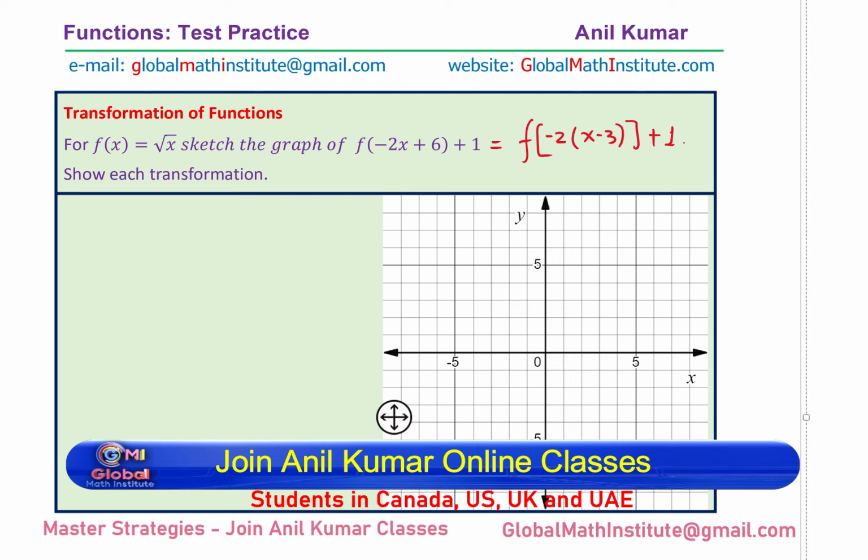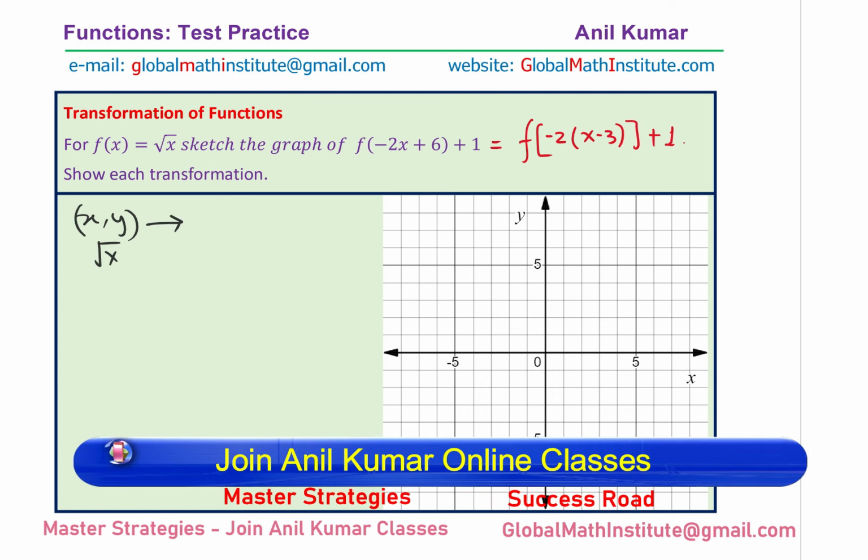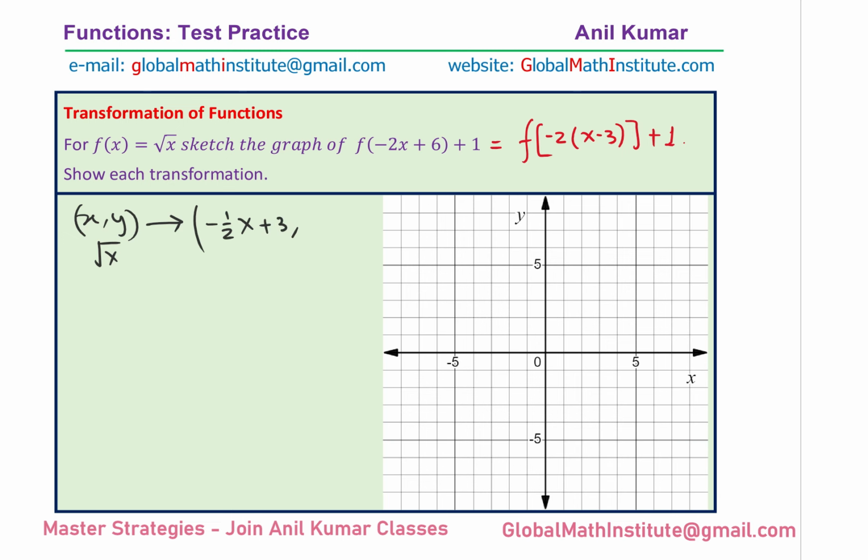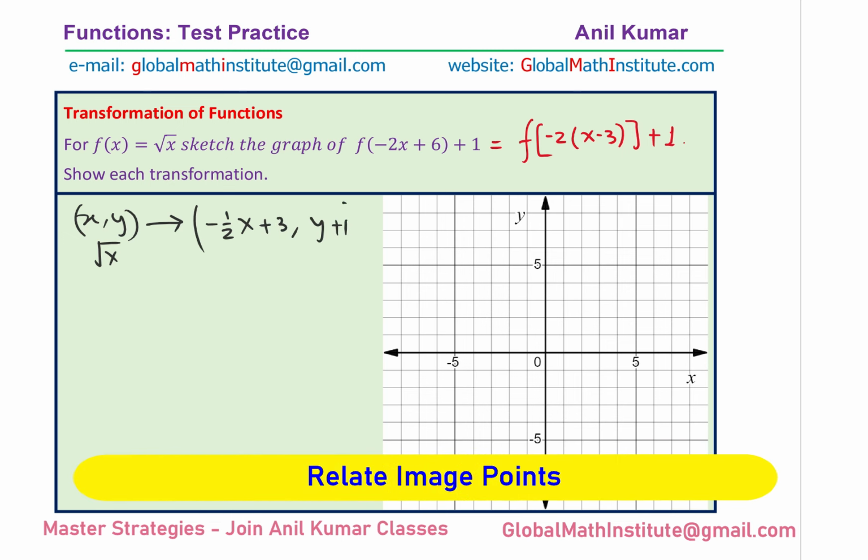Now that means that the coordinate points x, y on square root of x now move to which place? The x values got multiplied by minus half. So minus half of x and then translated 3 units right. The y values, we added 1 to them.